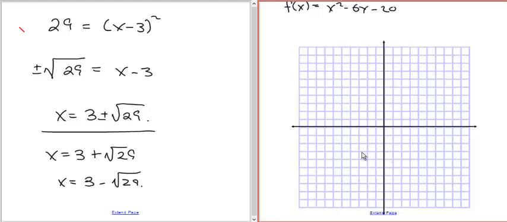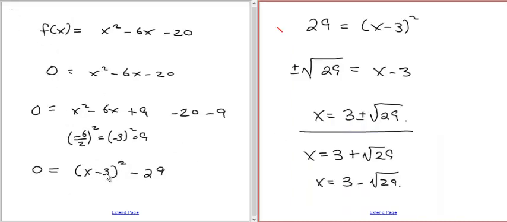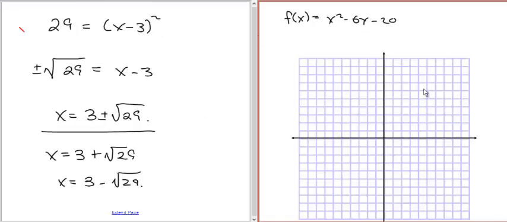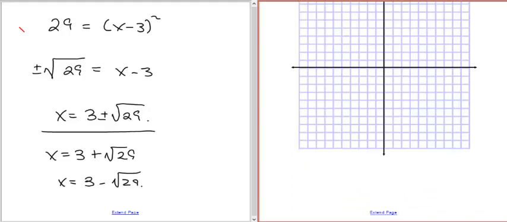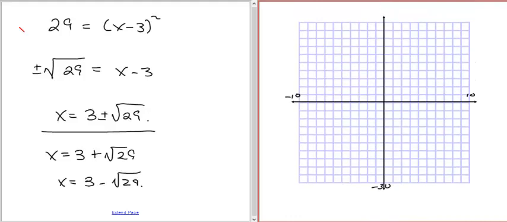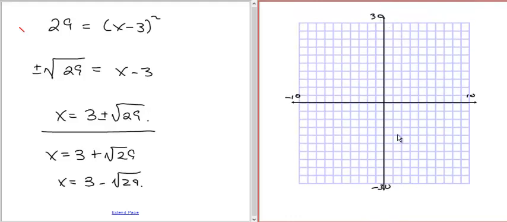So the vertex, what did we say the vertex was? It's 3, negative 29. So I'm gonna have to change the scale of this thing to make it work. So let's make this negative 30, and we'll make this negative 10, positive 10, positive 30.